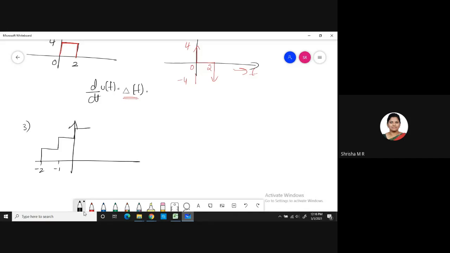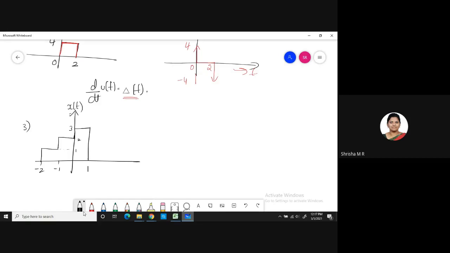So this is 1, amplitude here is 1, here it's 2, and here it is 3. I'll redraw this part here. The amplitude here is 3. This is my signal x of t.